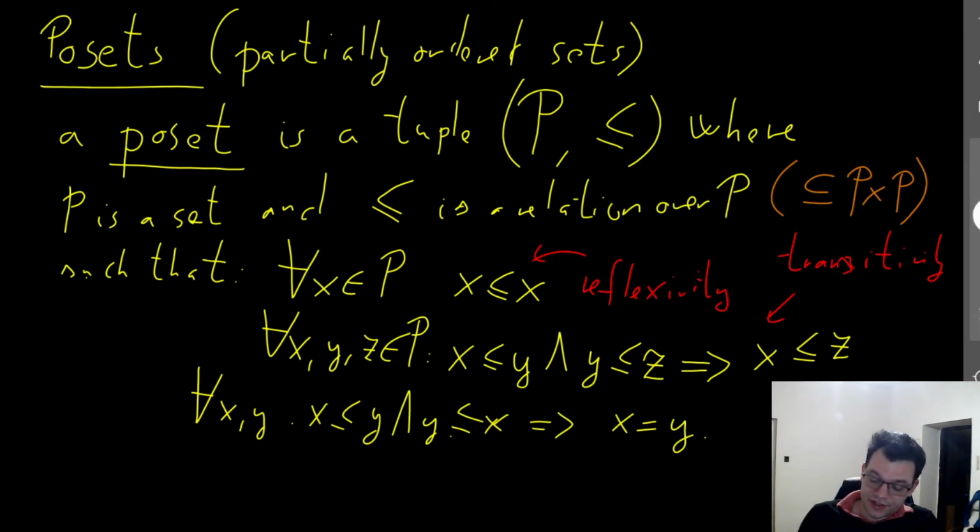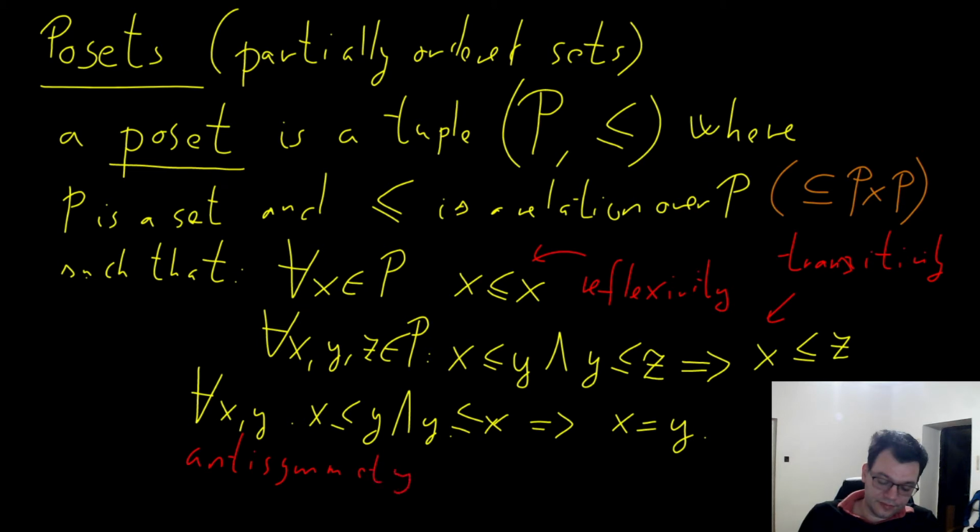This is what is called antisymmetry, or the relation is antisymmetric. If I have an arbitrary set of objects and an arbitrary relation which satisfies these axioms, then these together form a partially ordered set, a poset, and the relation itself is in that case a partial order.